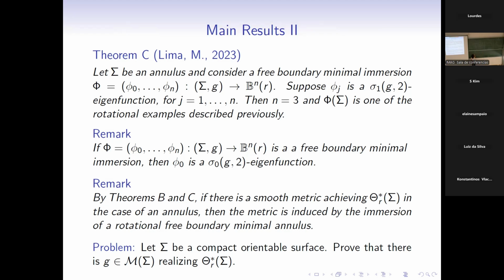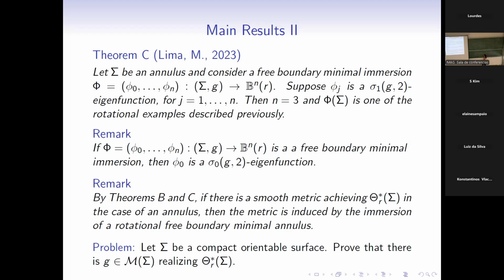if you have a sequence of metrics in our space, it means that we do know that the first eigenvalue of the Dirichlet boundary condition of these metrics is strictly bigger than 2. If this sequence converges smoothly, just so you have an idea, to a metric G out of our space, so for example, if it's on the boundary of our space, the Dirichlet boundary condition eigenvalue of this one is 2.